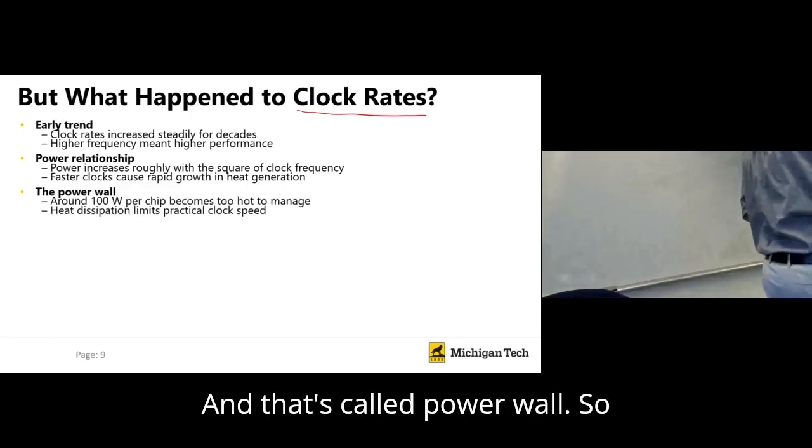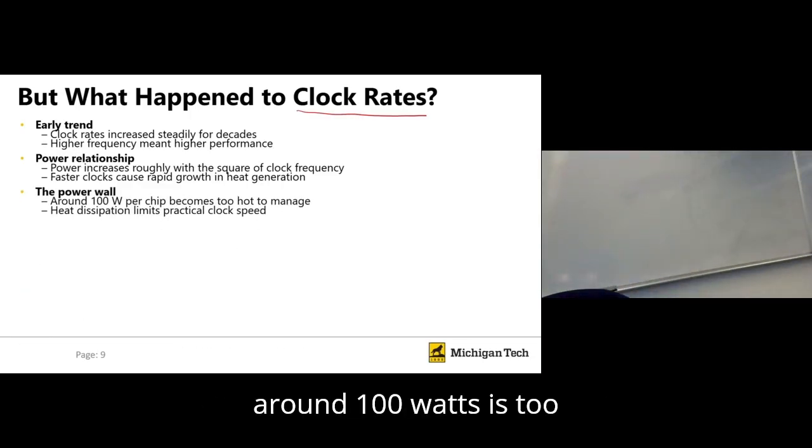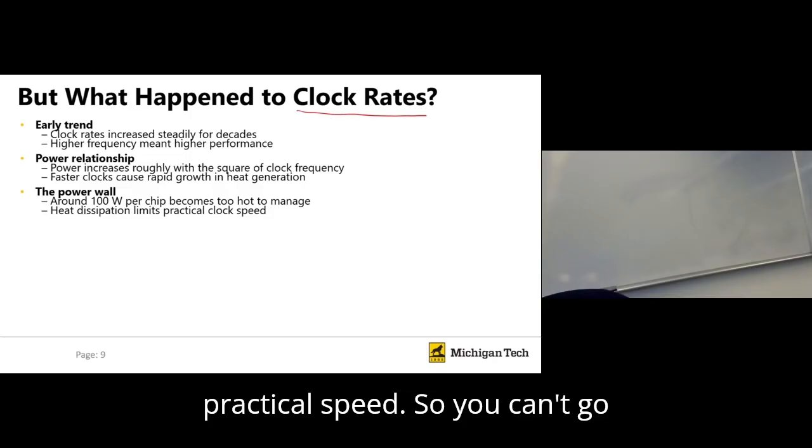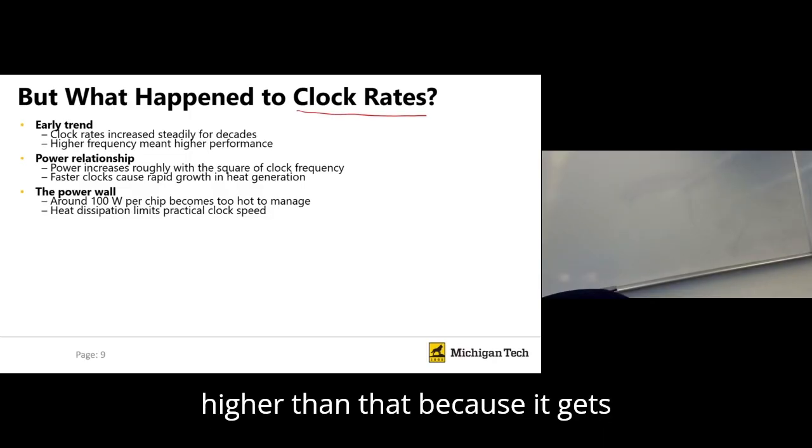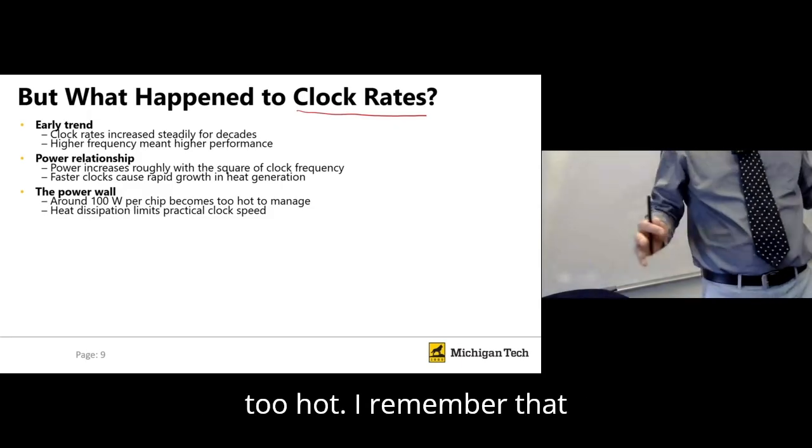And that's called the power wall. Around 100 watts is too hot to manage, and this heat is going to limit the practical speed. You can't go higher than that because it gets too hot.